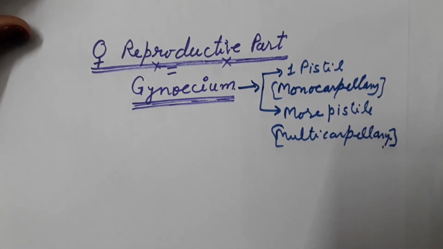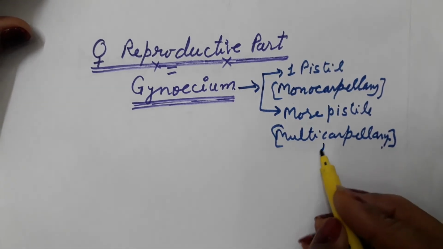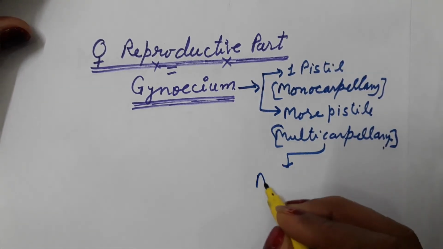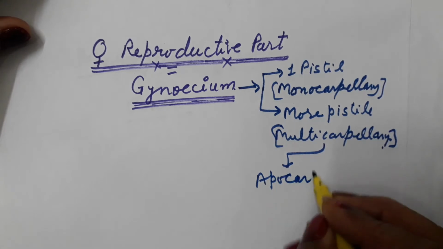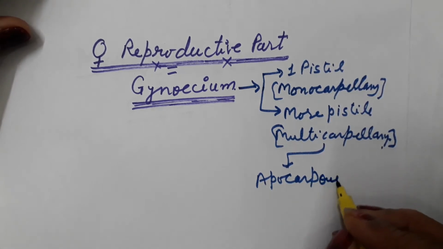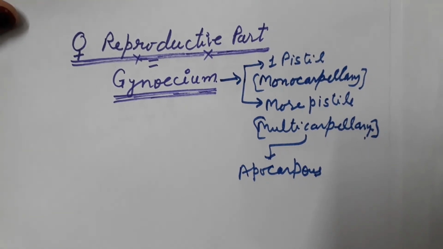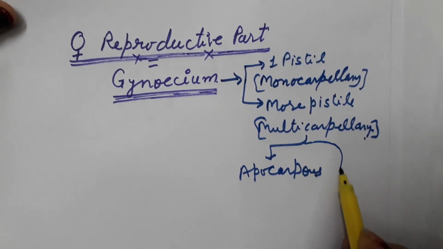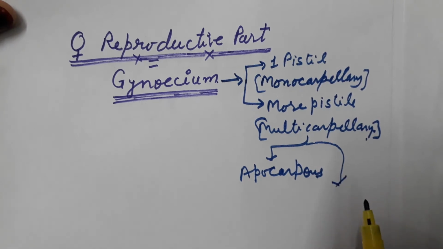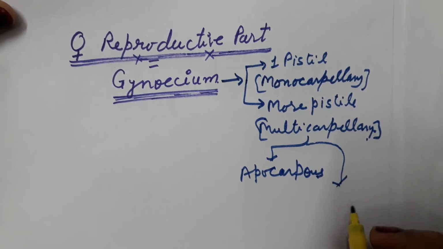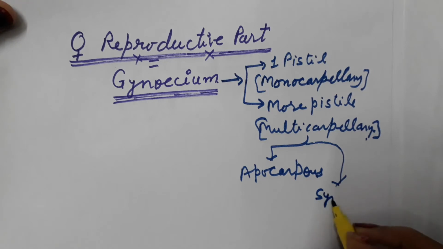If the pistils or carpels are more than 1 and they are free from each other, then the condition is known as apocarpous. And if the carpels are united, fused with each other, then the condition is known as syncarpous.